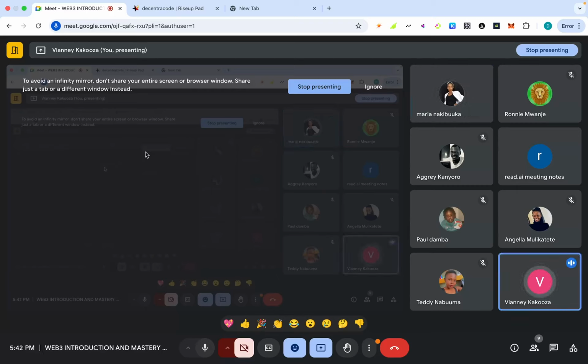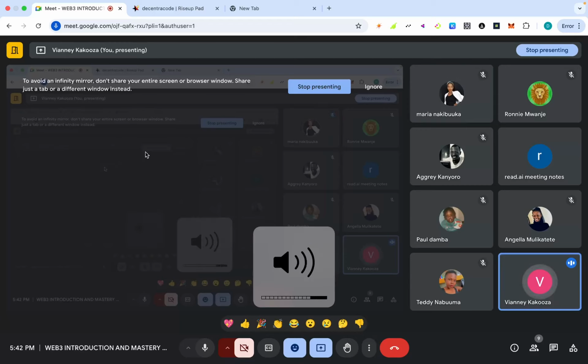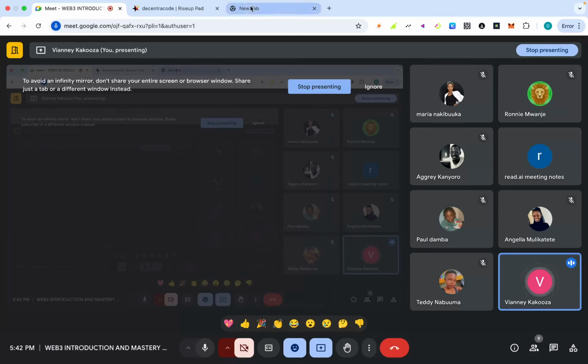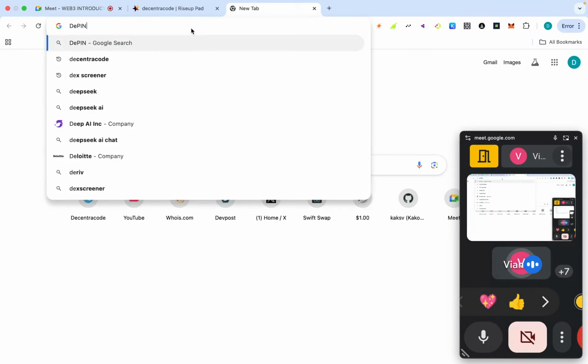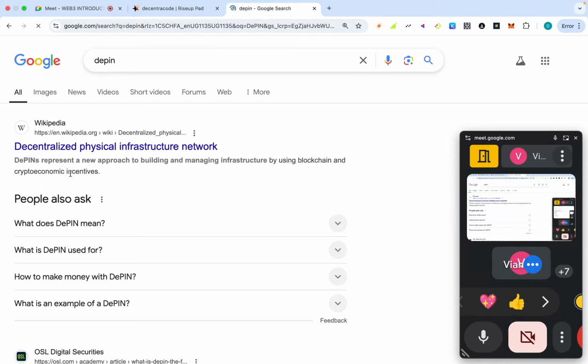No, DPIN is just a short form for a phrase. Let me put it here so that we all see it. A DPIN is a decentralized physical infrastructure network. It is not a PIN like a personal identification number, the ones we use for security in different applications.